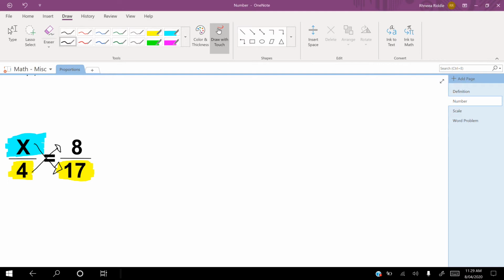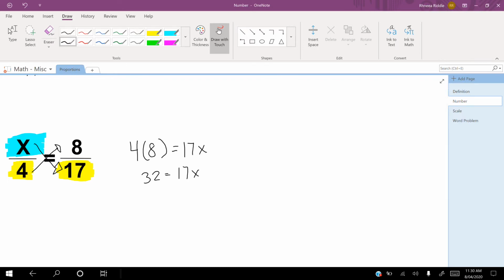So when you do this, you're going to get 4 times 8. You're going to set that equal to 17 times x. So we can go ahead and multiply 4 times 8. We're going to get 32. And we are dropping that 17x because we haven't used it yet.